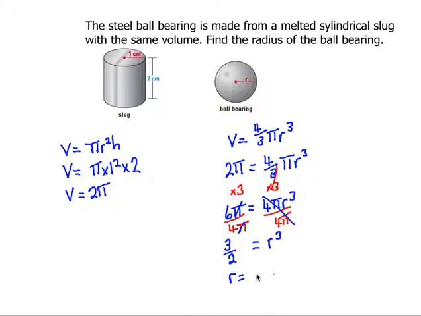So r is just going to be the cube root, to finish it off, of 3 over 2. So cube root of 3 over 2 on the calculator is 1.14 to 2 decimal places. And that is centimetres because it's a distance.